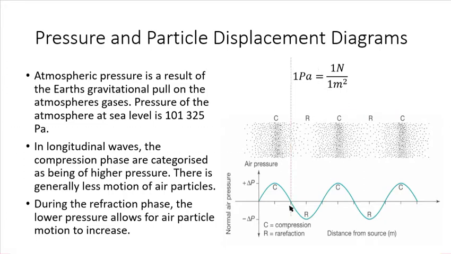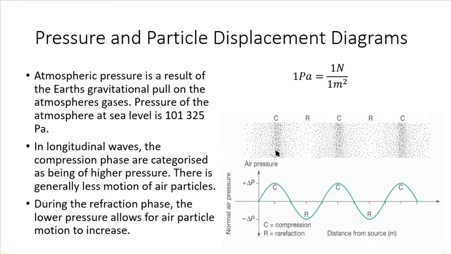So that atmospheric pressure is here, which is kind of like the normal distribution of pressure that you experience. Now, when it comes to the compression phase, it's this higher pressure.